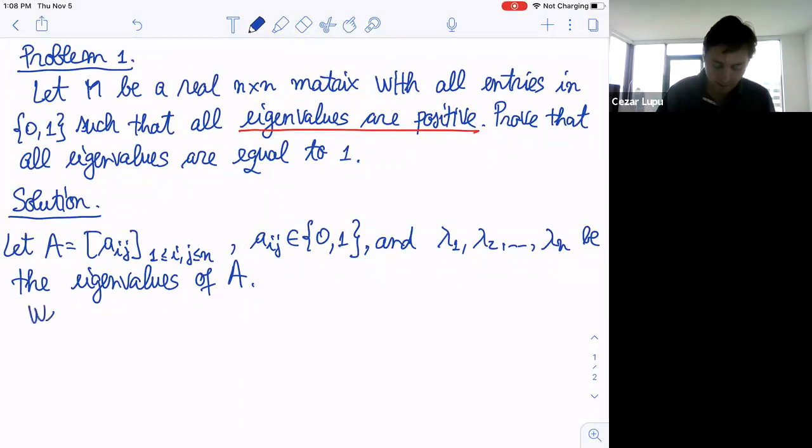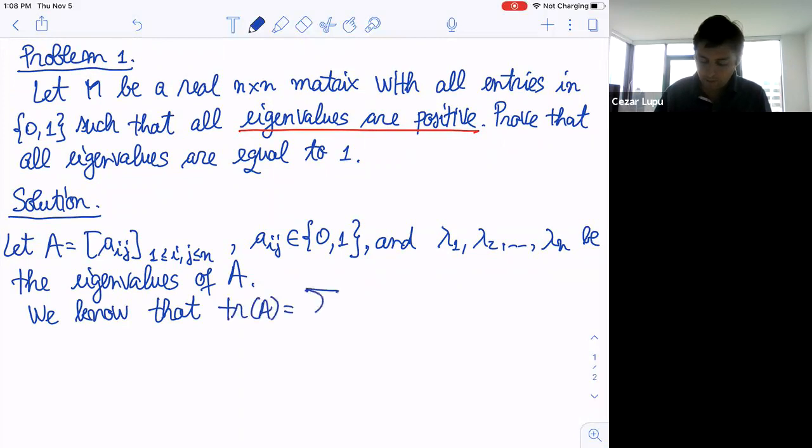So we know that the trace of A is the sum of these entries a_ii, the entries on the main diagonal, but this is also nothing else than the sum of the eigenvalues.